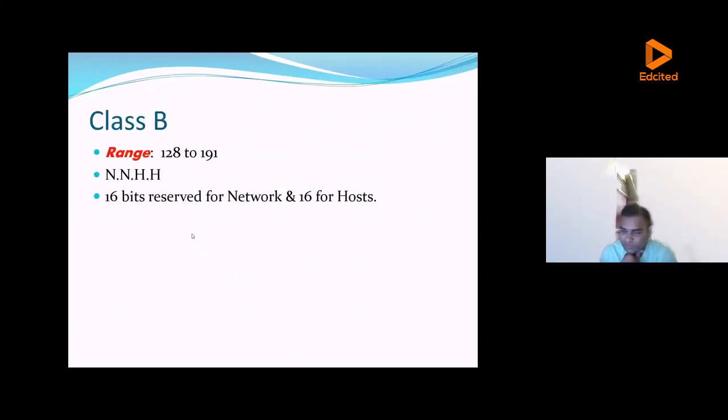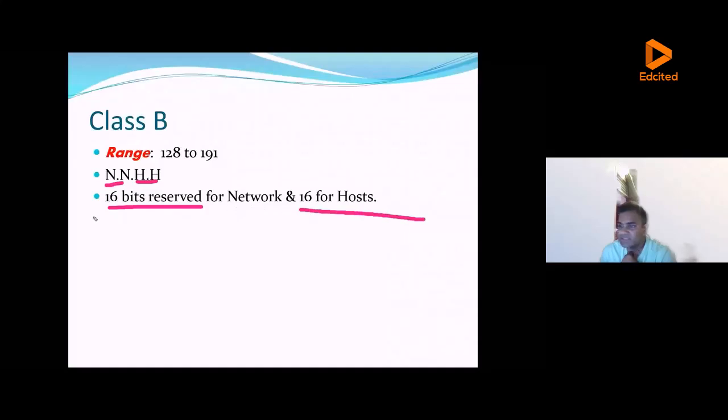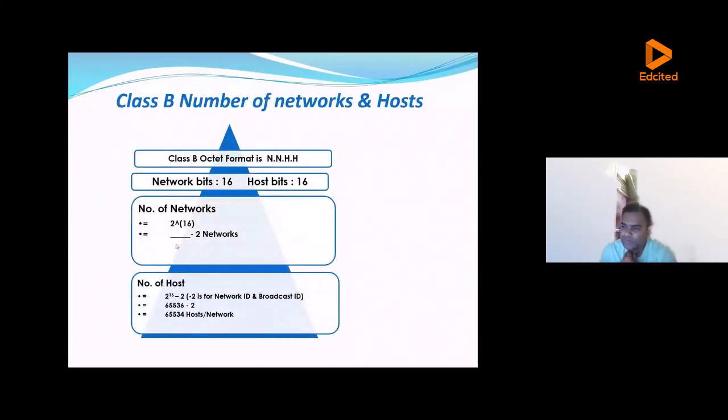Then we have class B. The first 2 parts are network and the rest 2 are host, so 16 bits are reserved for network and 16 bits for host. So about 65,000 computers we can connect into a class B IP address.